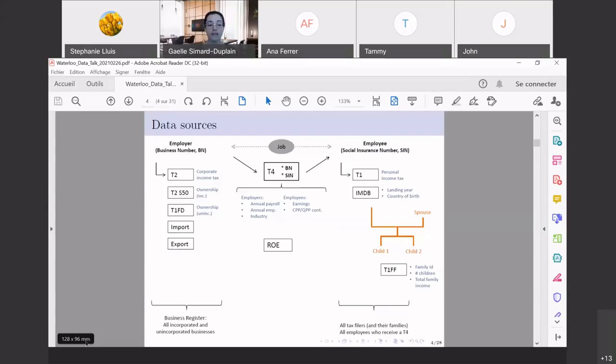The second reason is to highlight that, as is the case for all admin data sets, the source of the data is going to matter for the kinds of questions that you can ask and the kind of universe for which you're going to have coverage. For instance, if you look at business ownership, you're going to have a difference between incorporated and unincorporated businesses.